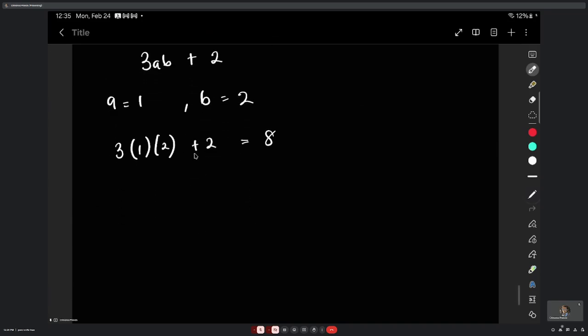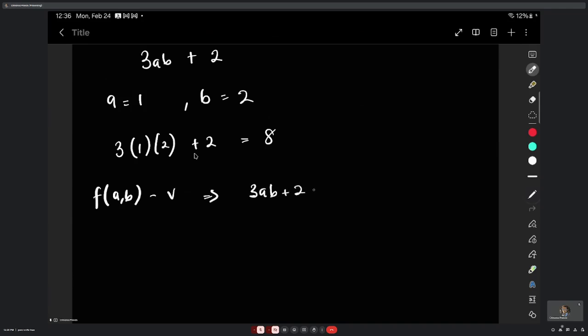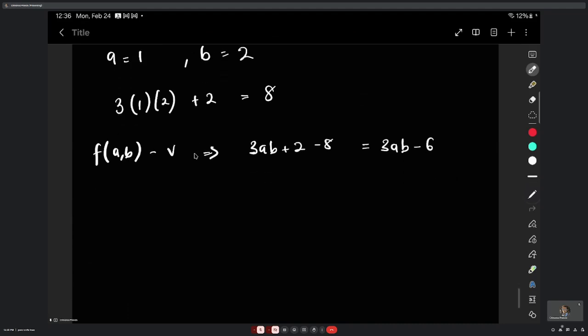So our f(a,b) minus v will be 3ab plus 2 minus 8, which is 3ab minus 6, right? What are the factors we're supposed to use? a minus 1 and b minus 2, right?